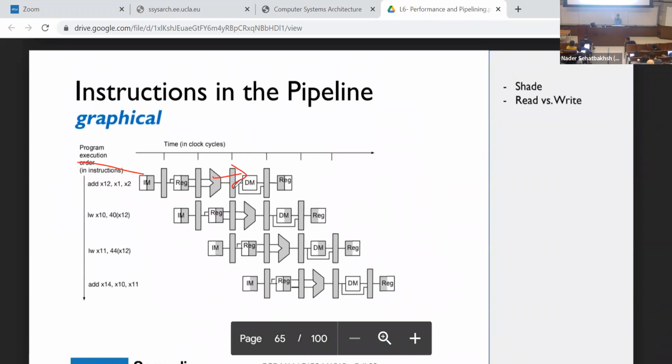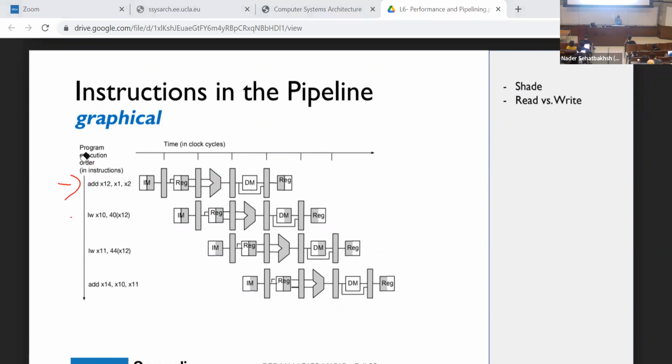The way that we are showing this is also graphical, as I already discussed, right? So for example, let's say we have 4 different instructions: the add, load, and add. The way that we are showing this is that this becomes basically your add. These are the cycles, by the way. So this is one cycle, first cycle, second, third, and so on.